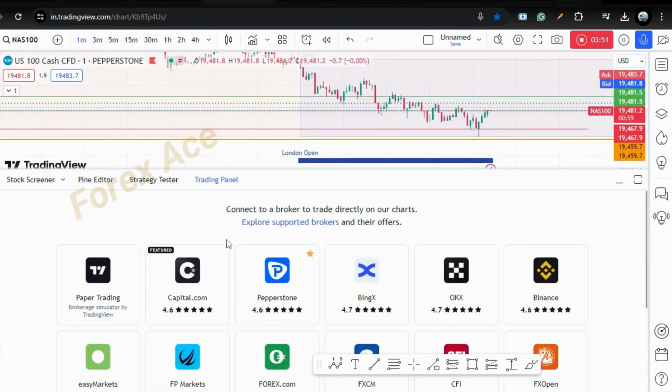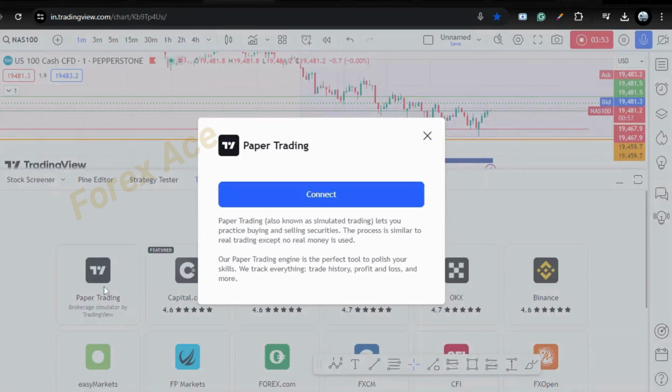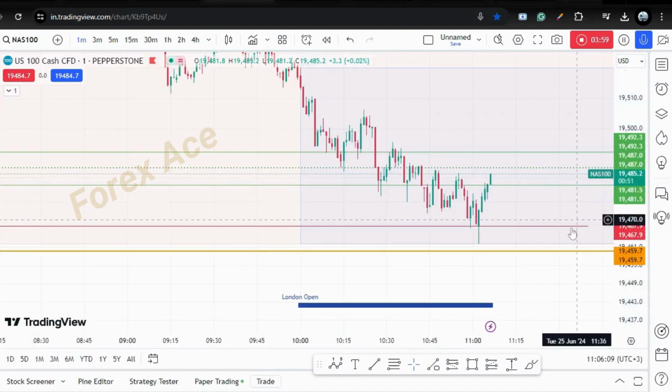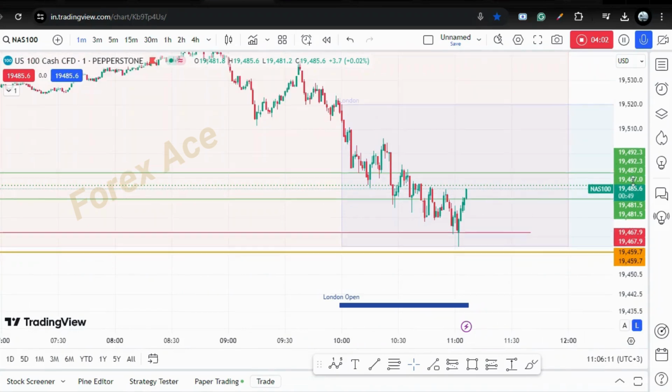Let me just connect to my paper trading account. The same trade is gonna be put in my live account, but for educational purposes, I only use paper trading because this is what I usually advise students to use.